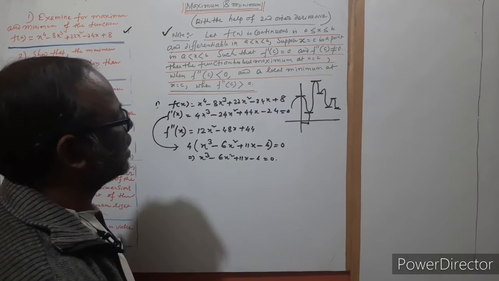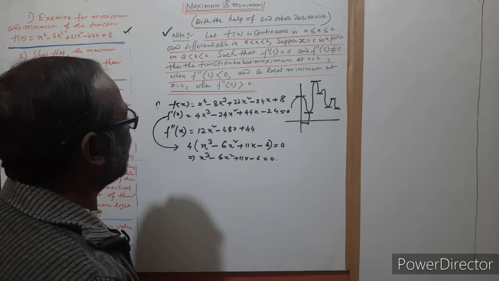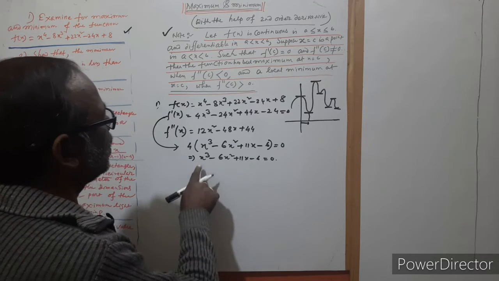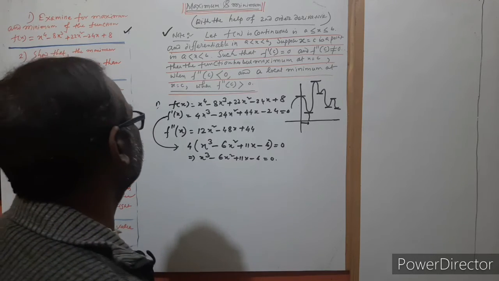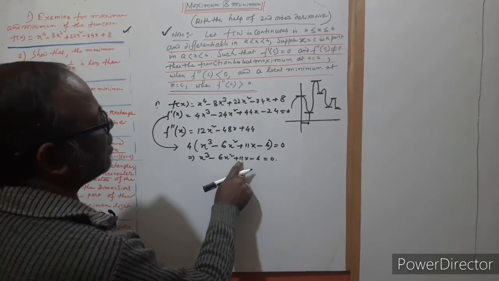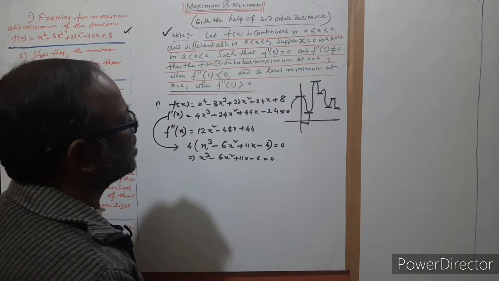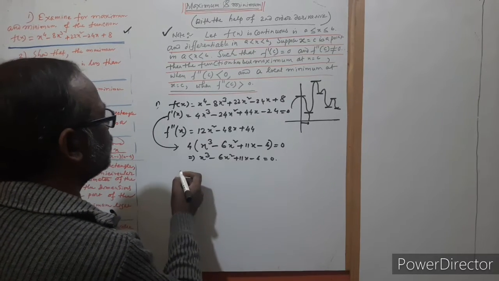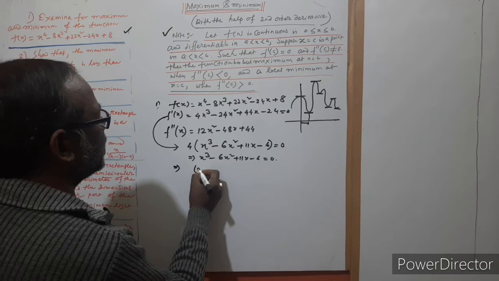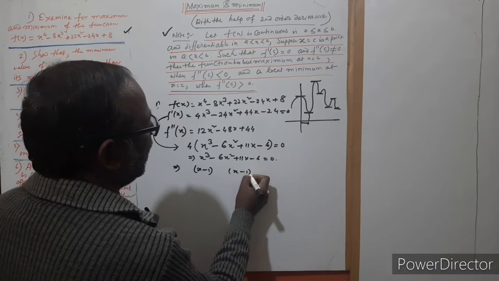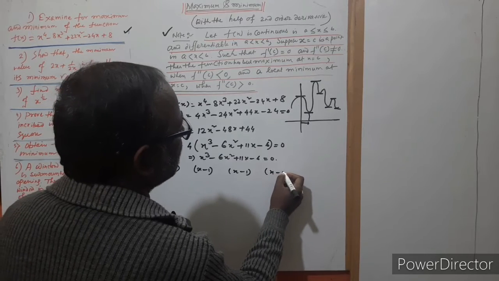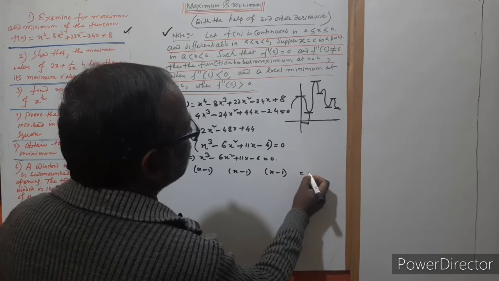This is called the trial and error method. First we put x equal to 1, then we get 1 minus 6, that is minus 5, plus 11 is 6, minus 6. So the sum is 0. Therefore x equal to 1 is a root, and x minus 1 is a factor. This is one of the zeros.